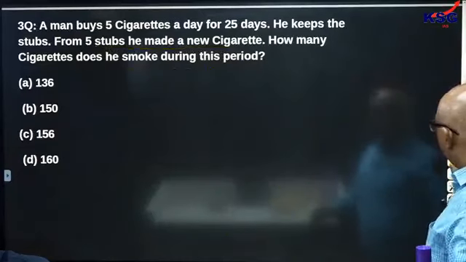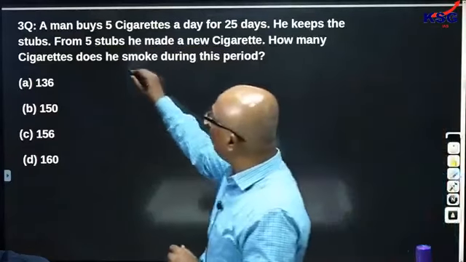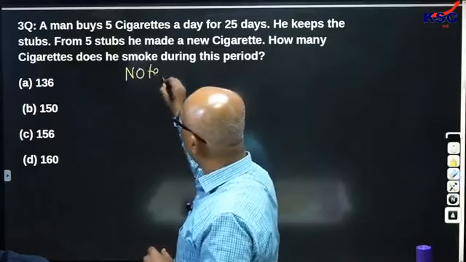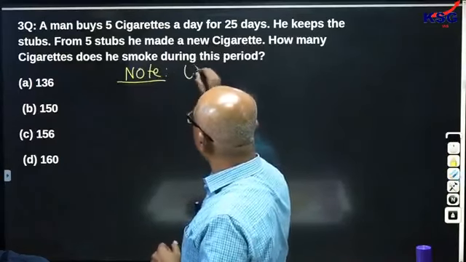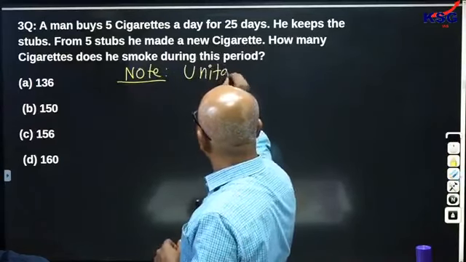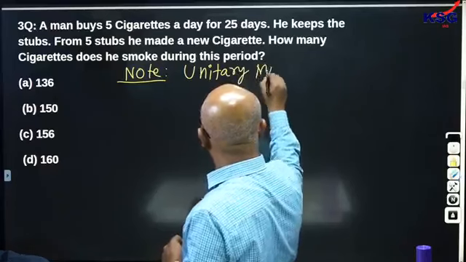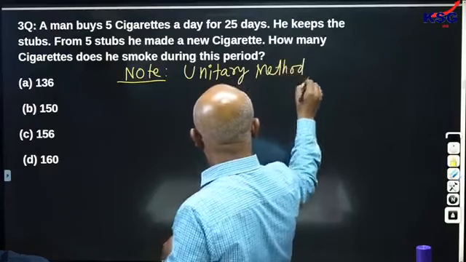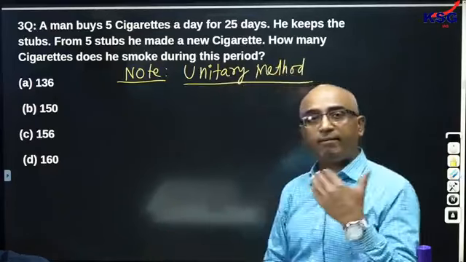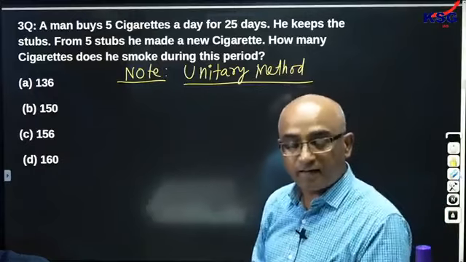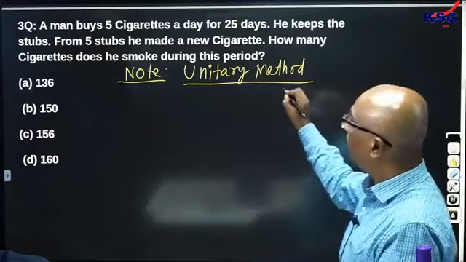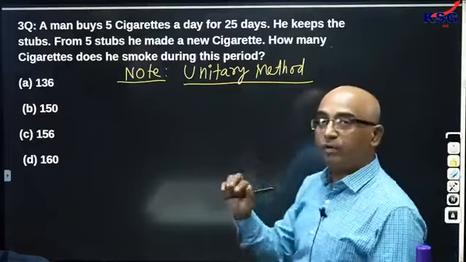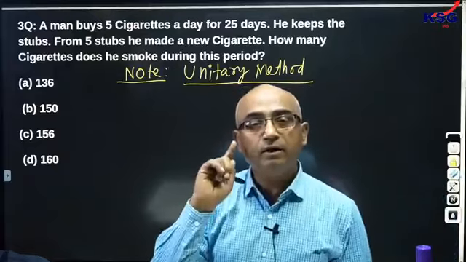So please write one note as unitary method. This is one logical method, sometimes required in CSAT, maths, as well as sometimes in reasoning. Student, unitary means, unit means 1.